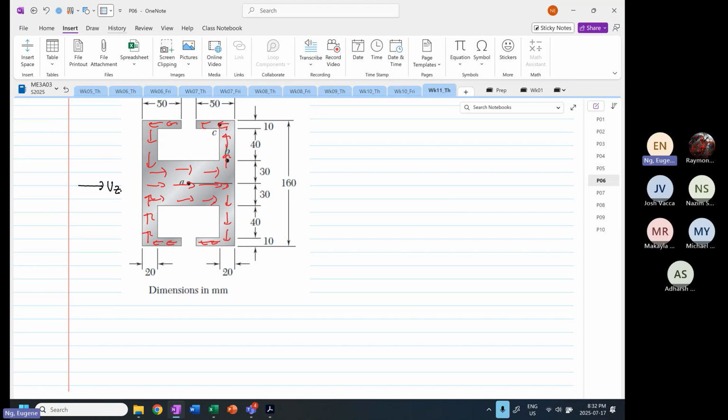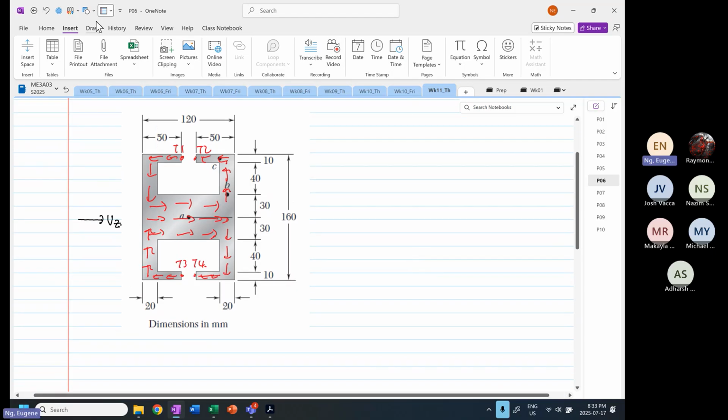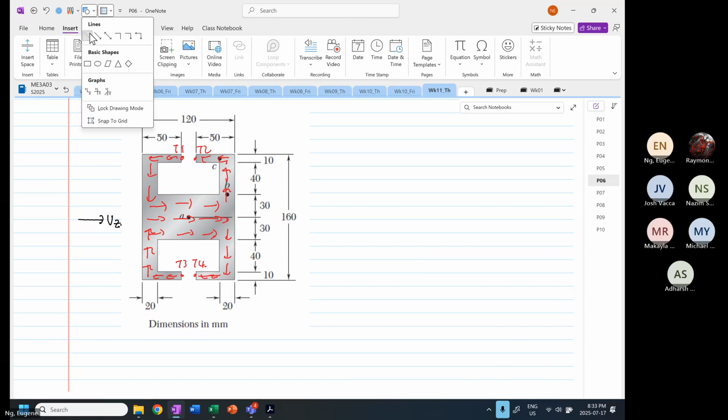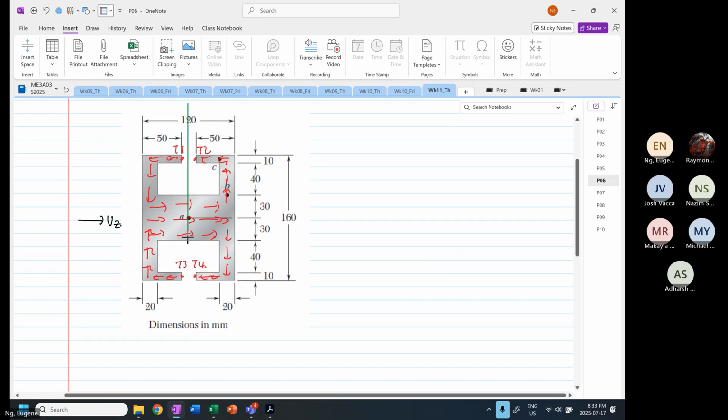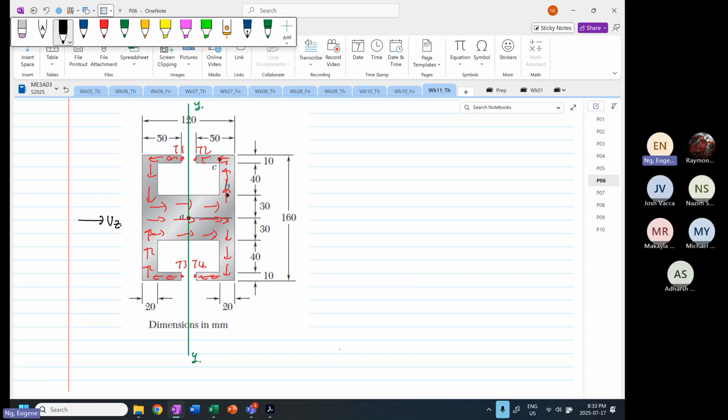Okay, so we know that we have our terminal. Okay, so now we know that the axis that the first moment of area is going to take from is this axis over here. Okay, so this is our y axis now. Okay, so let's do some analysis.